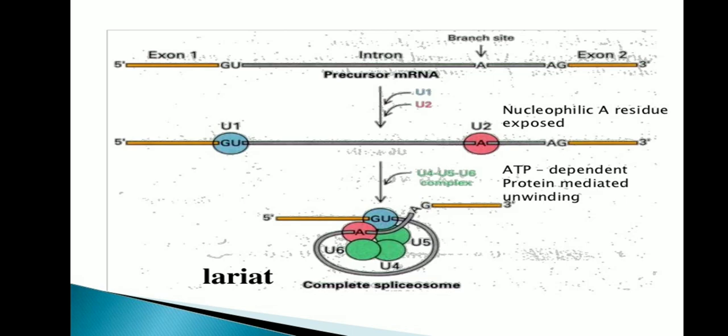The snRNPs involved in the splicing are U1, U2, U4, U5 and U6. Each snRNP contains a single small nuclear RNA, called snRNA, and several proteins.